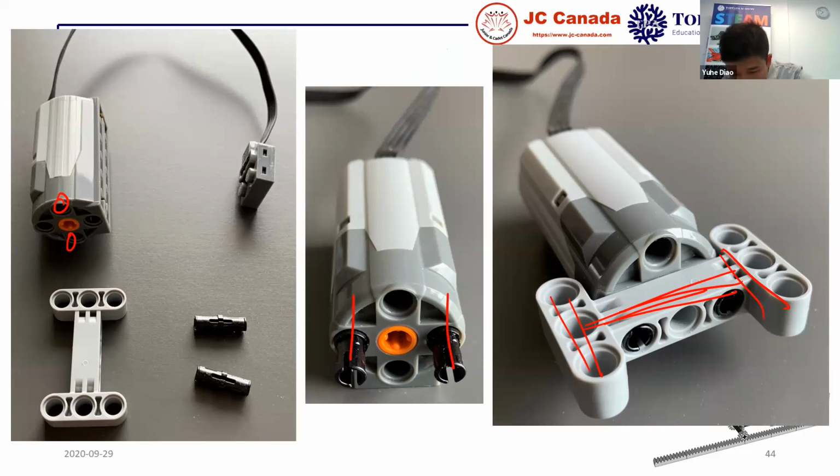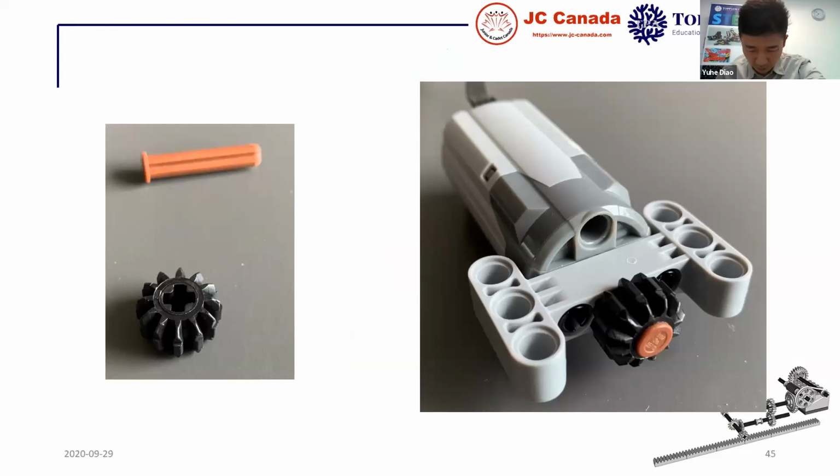Where is the black pin? Okay, next step. We use a brown axle here, and we use this gear. This is also a bevel gear, right? Here on the edge, we don't have a right angle, so it's a bevel gear.